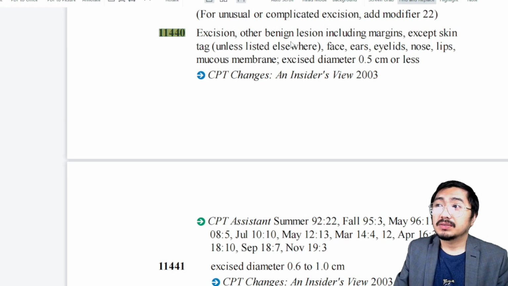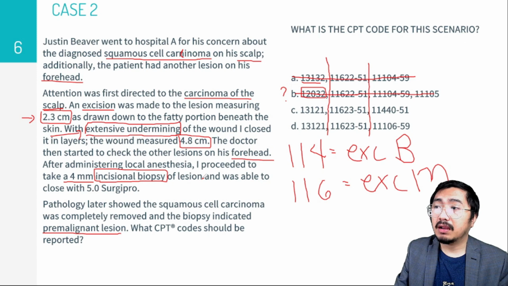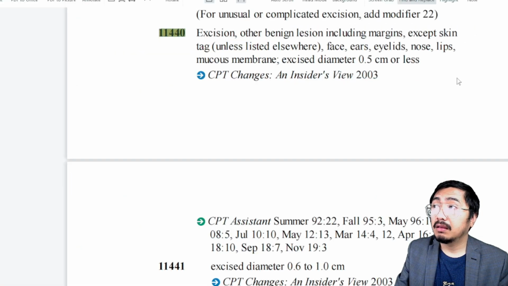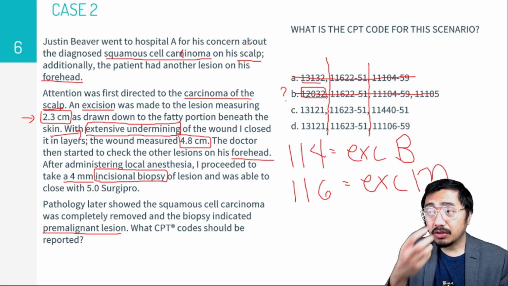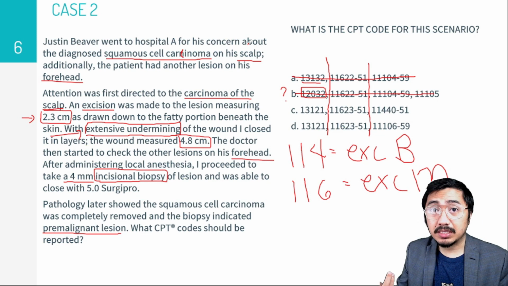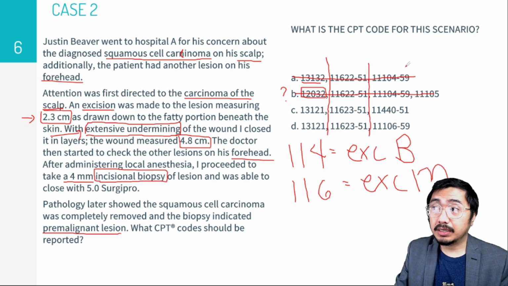Okay, so it's mentioned right here where? Forehead. So you can see face here, all right, which forehead is also located. So, but this is not the one we're looking for since that lesion was not excised. The doctor only did incisional biopsy, okay, of that particular lesion.